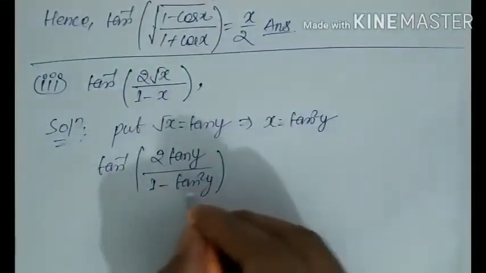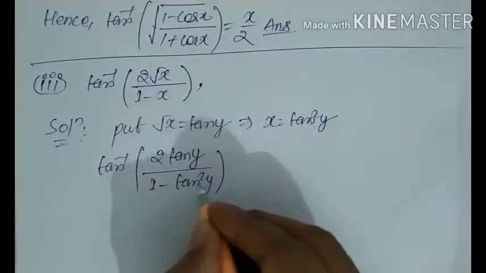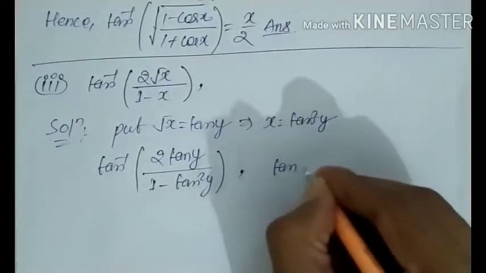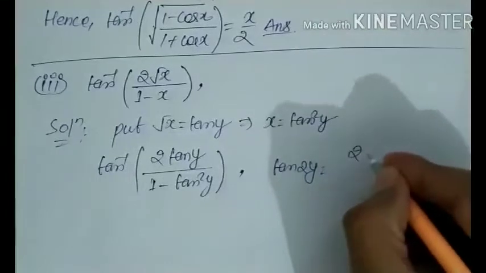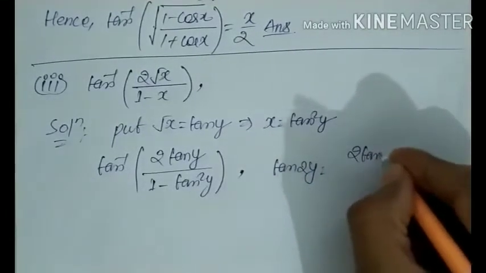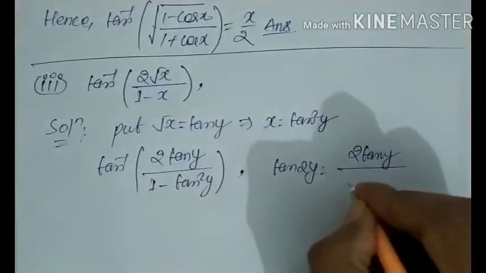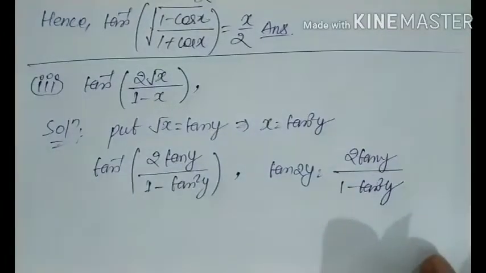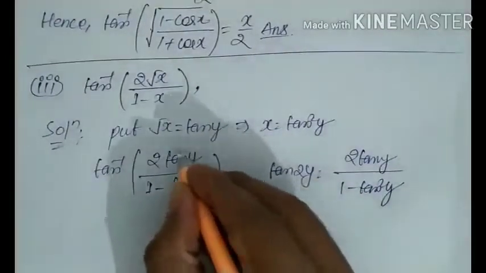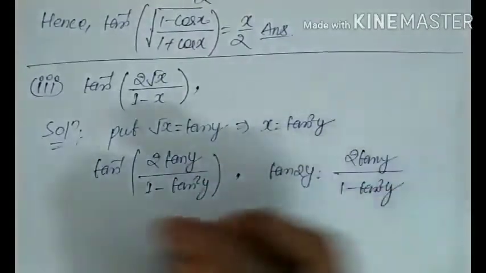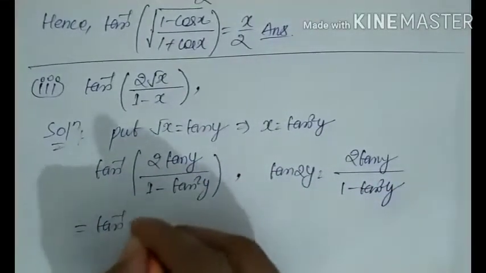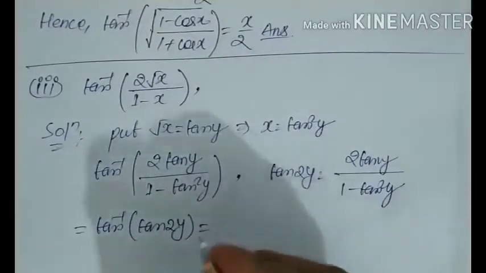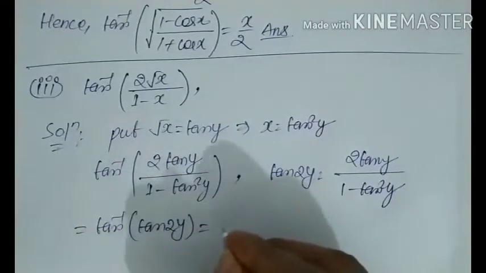As we know the formula, tan 2y is equal to 2 tan y upon 1 minus tan square y. So I can write 2 tan y upon 1 minus tan square y as tan 2y. Then our question becomes tan inverse tan 2y, and tan inverse tan 2y will equal 2y.